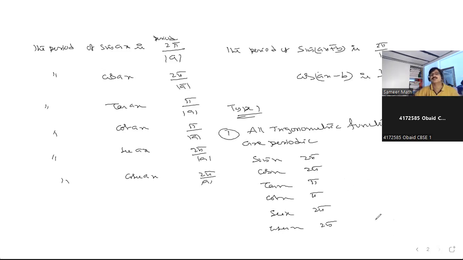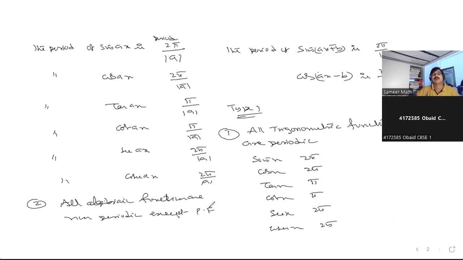Now the question is, is there any other function whose period is 1 which is not trigonometric? So I can give a second statement here: all algebraic functions are non-periodic, except the fractional part function, FPF.